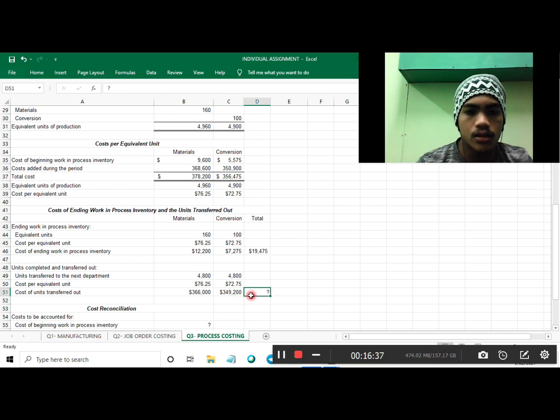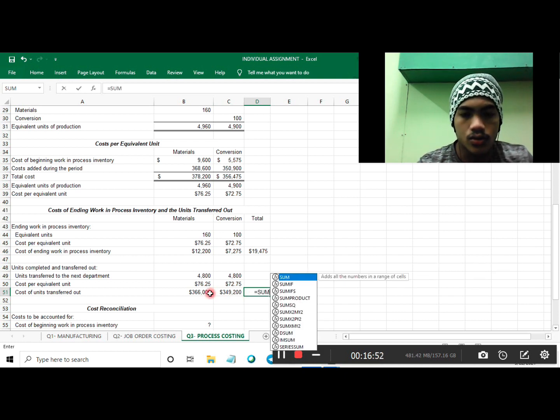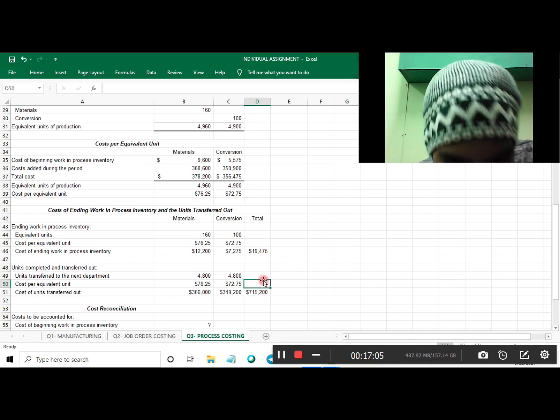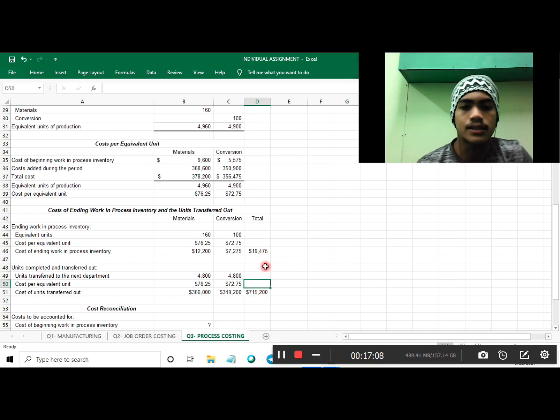And then we need the total cost of units transferred out. We sum material plus conversion, so we get 750,200.